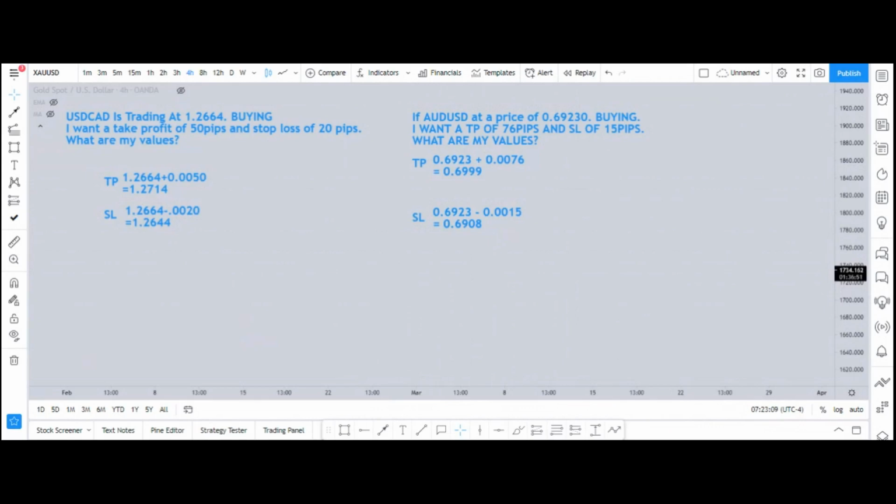Yes, you avoid it totally. Because it's a pipette. It didn't build up to 1 pip. So no matter if it's a pipette and it's 8, 9, 7, 6, 5, 4, 3, 2, 1, you ignore it.